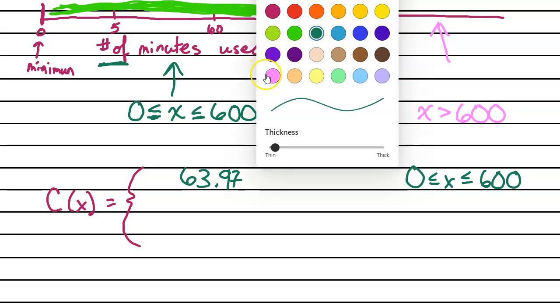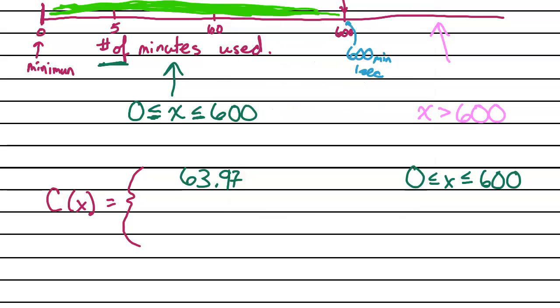When I go over 600 minutes, so x being greater than 600, I have that monthly cost, but then I have 40 cents per minute, but it's only for the minutes that I go over.